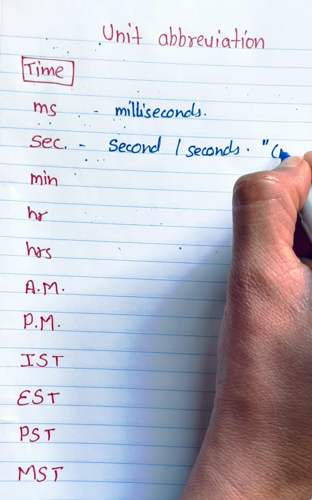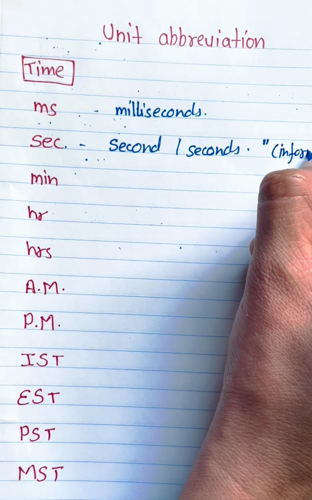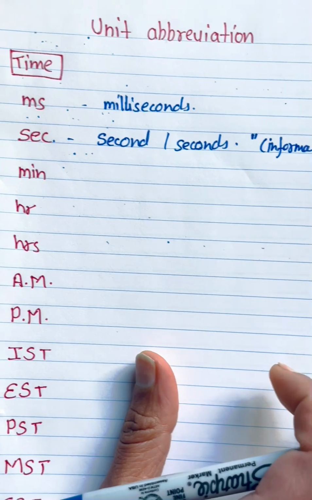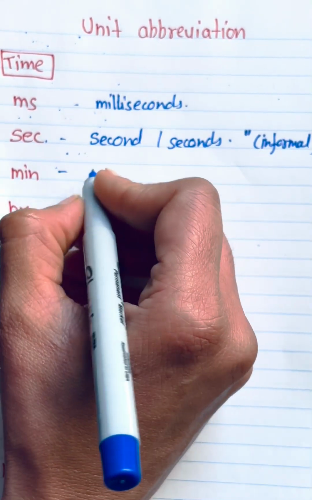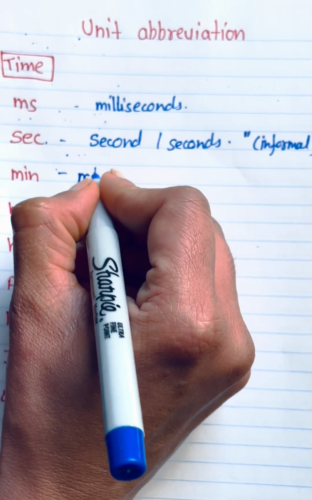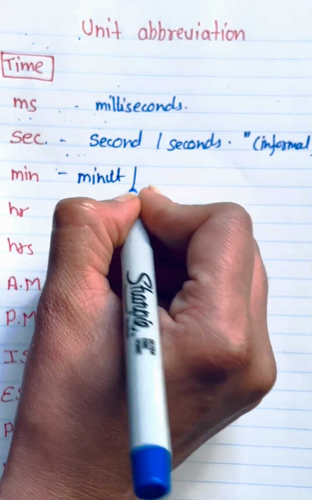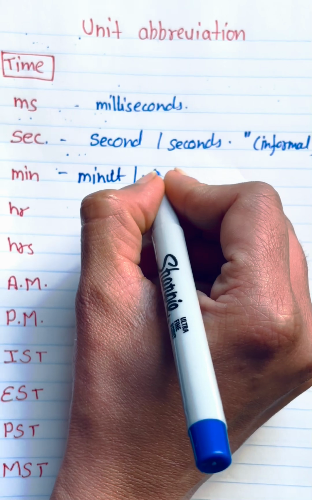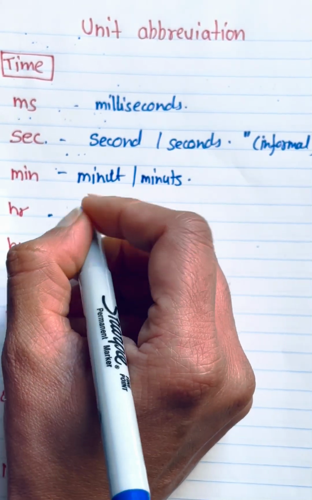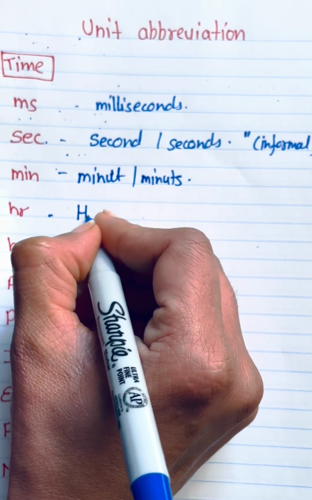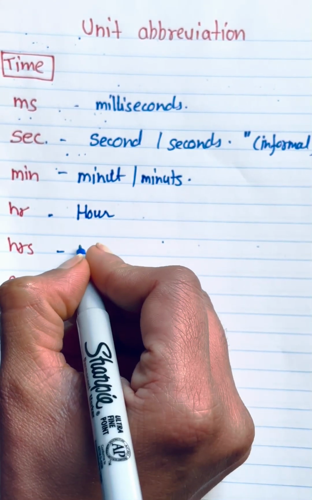This is the informal way. Then min is for minute or minutes. Then hr is for hour or hours.